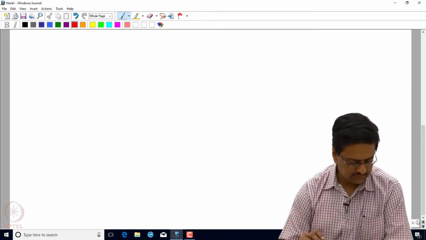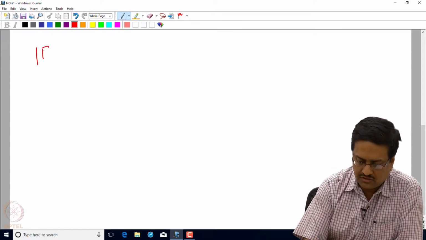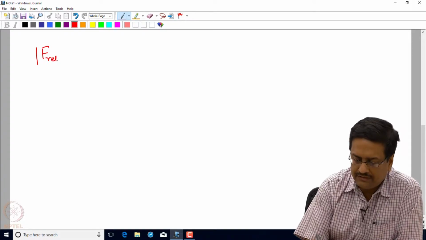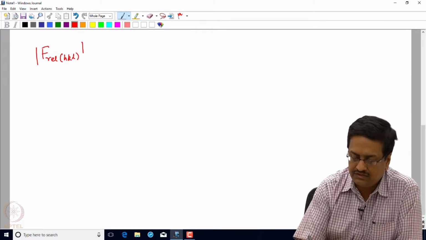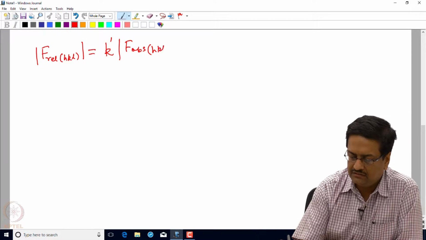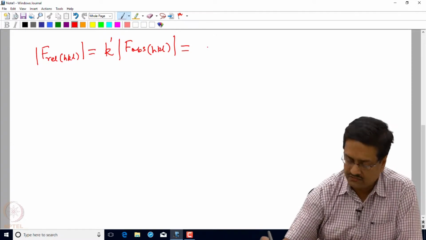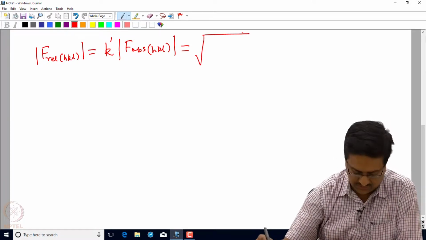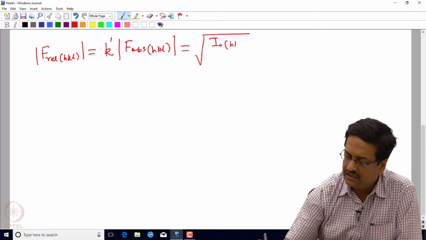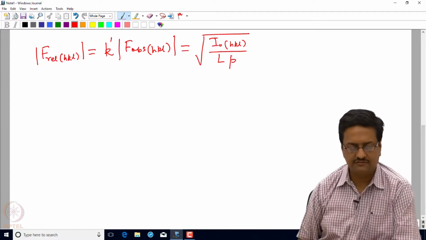So the result that one can write is the modulus of F relative HKL, where I am replacing the term observed with relative, is equal to some constant K prime times F observed HKL, which is equal to the square root of I observed HKL divided by Lorenz and polarization terms.